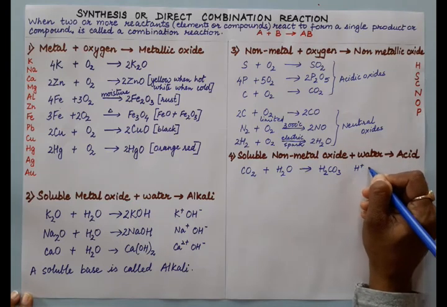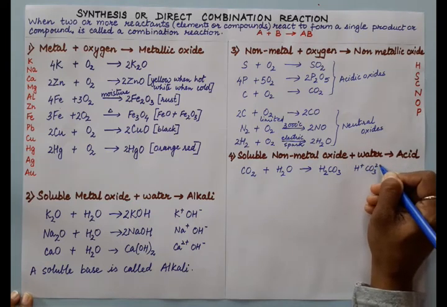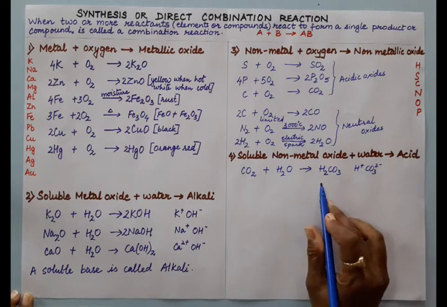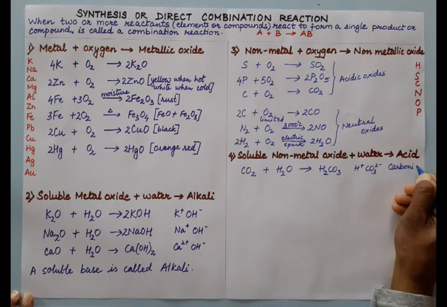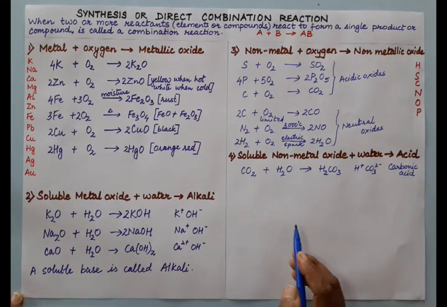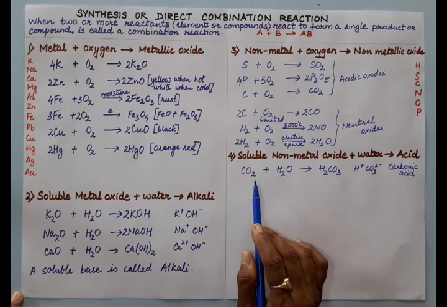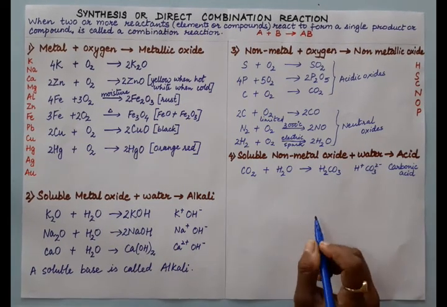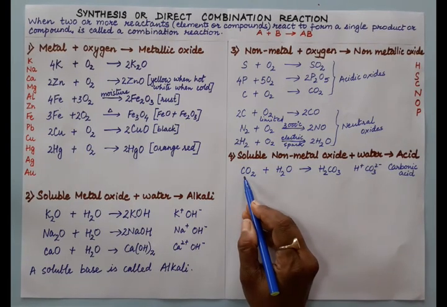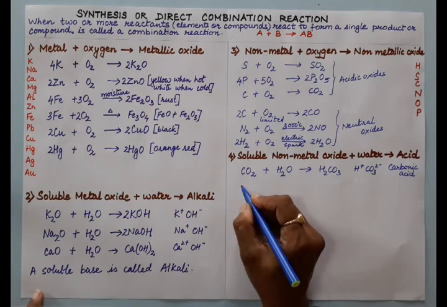H plus and CO3 2 minus, carbonate and H plus. Interchange the valency, and you get carbonic acid. In soft drinks we have carbonic acid, because carbon dioxide dissolved in water under little pressure gives carbonic acid. This is an acid anhydride: acid without water. As soon as you add water it forms acid.